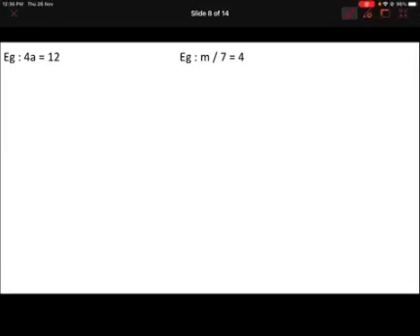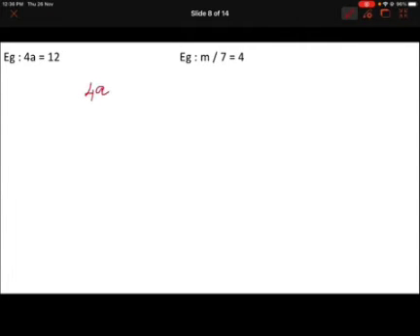So, I have given you some examples here. So, here in this example, you have 4a equals 12. I need to get rid of that 4, which is not added or subtracted, but which is multiplied. So, what do I do? I divide 4a by 4. That means I divide both LHS and RHS by 4.